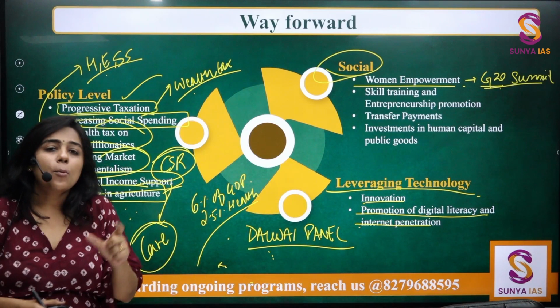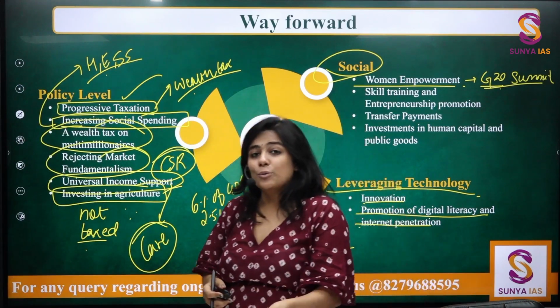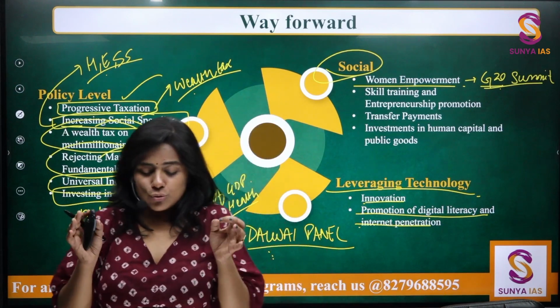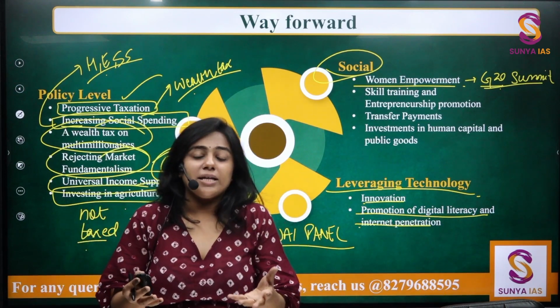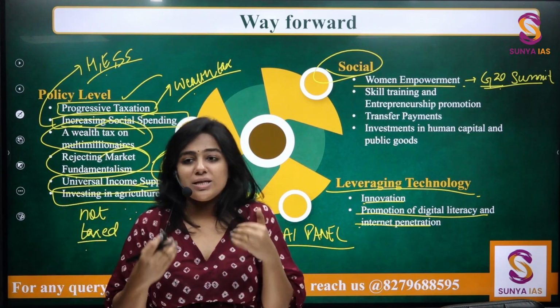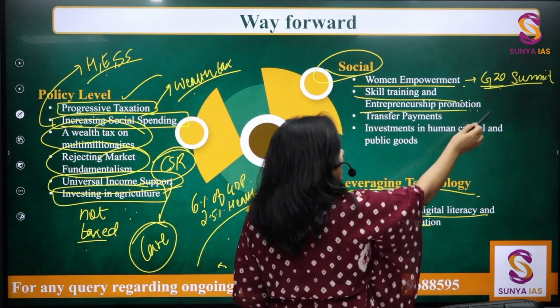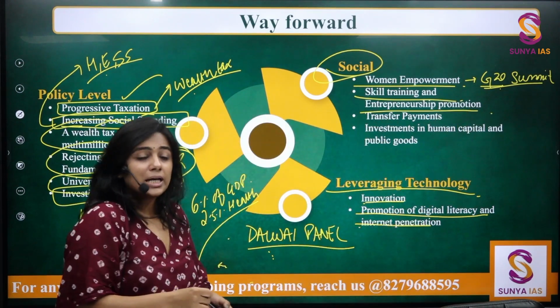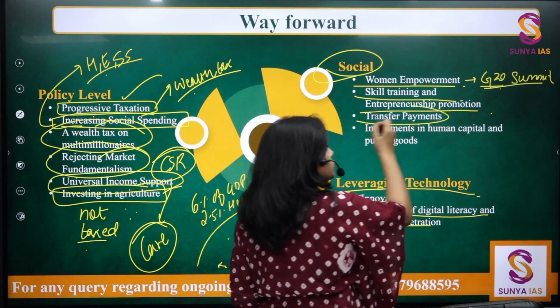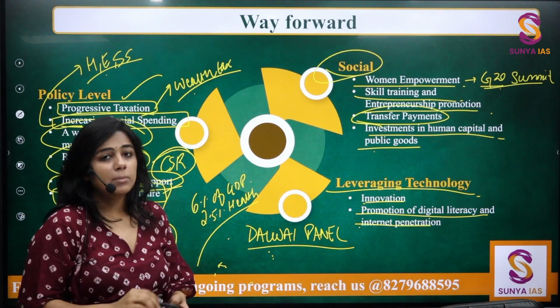If half of your population is not involved in your economic growth, how are you supposed to take the advantage of overall globalization, liberalization, and whatnot? Then there needs to be skill training and entrepreneurship promotion. There has to be direct benefit transfer and transfer payments and investments in human capital and public goods.